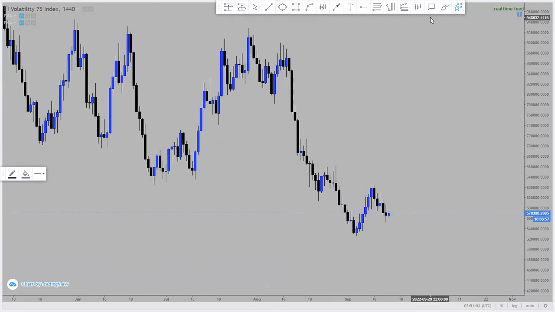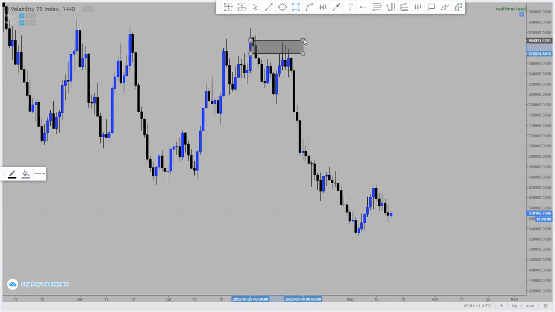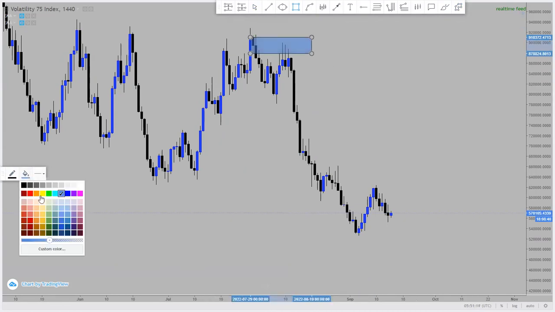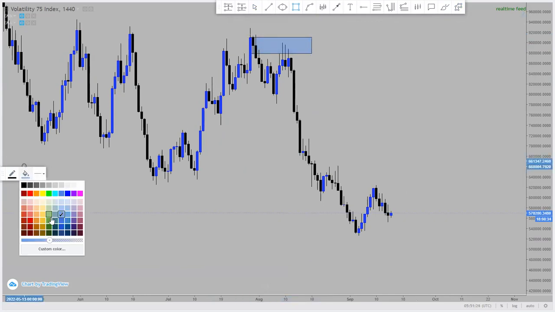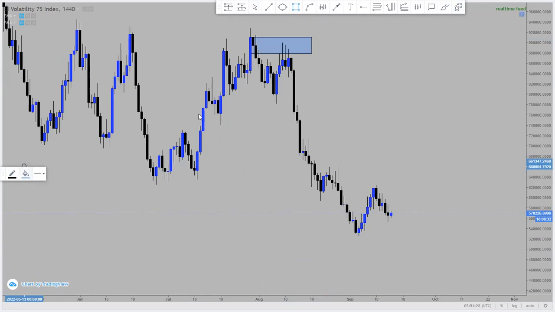As soon as the market came back to test this OB here, check what happened. Just after testing that OB, the market went all the way to the downside.